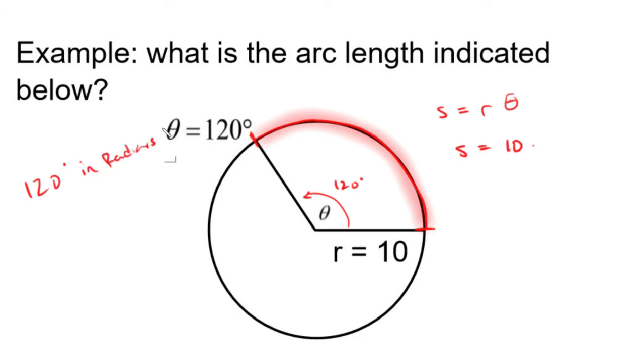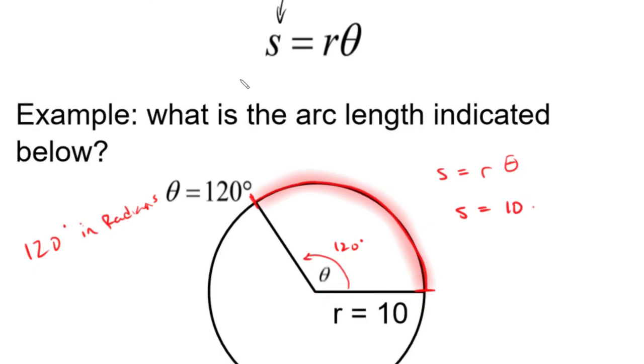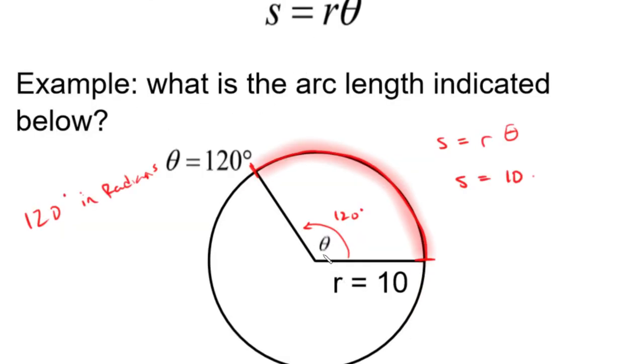Well, we just did this up above. But you can also think of it this way. If every 30 degrees is pi over 6, 120 is 4 thirty degrees, so this should be 4 pi over 6. You follow along there?